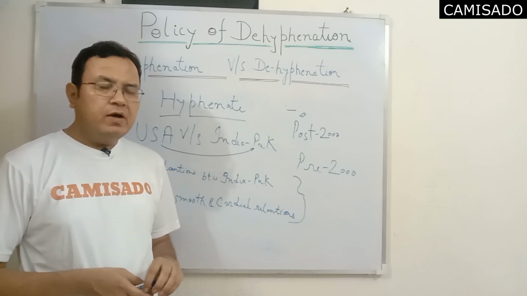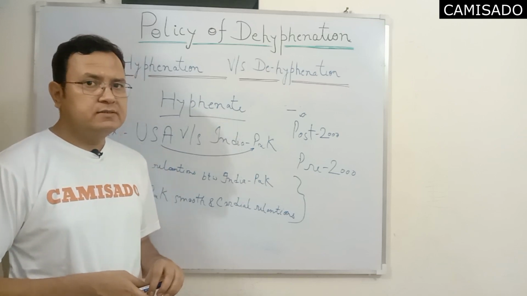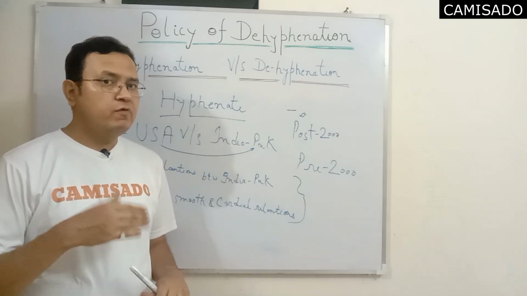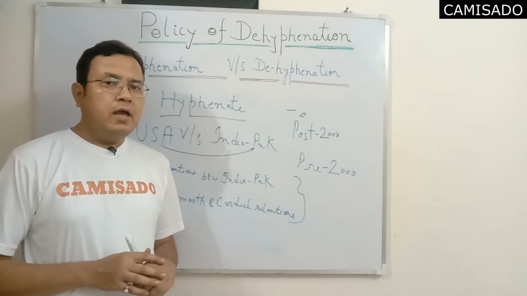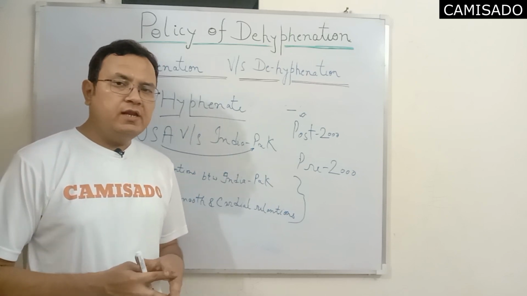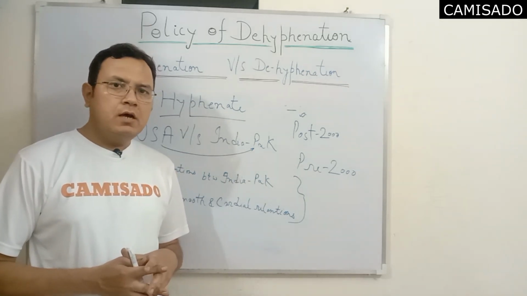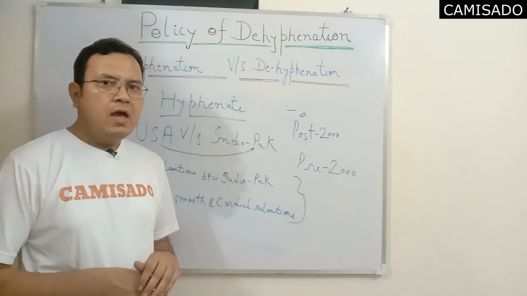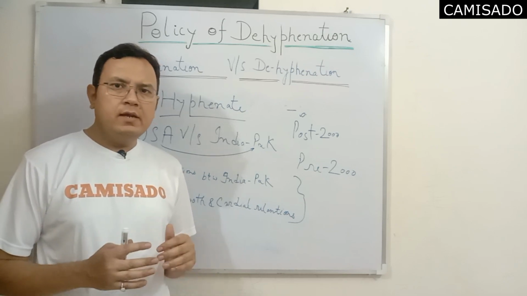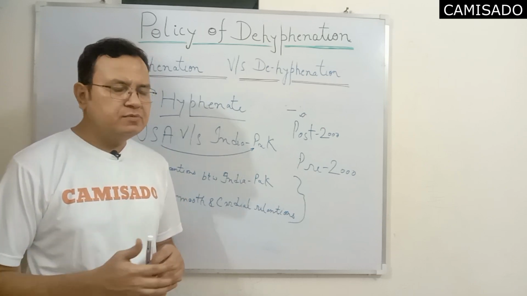And one more important thing which played a very crucial role in discarding the policy of hyphenation towards India and Pakistan, especially in the aftermath of 9/11, was that the US came to realize the menace of terrorism and found India a very important ally insofar as the fight against terrorism is concerned.